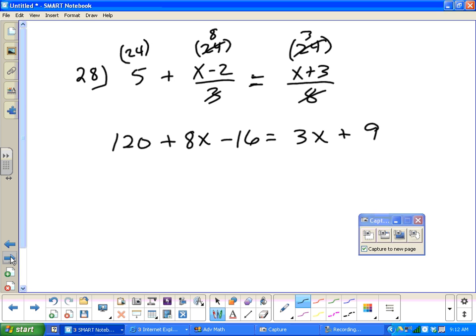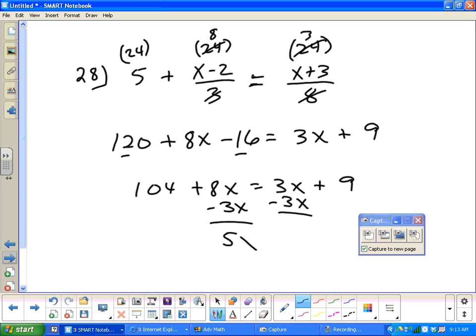All right, now let's clean it up and solve it. I'm going to do 120 minus 16 is 104. All right, and I'm going to subtract 3x from both sides. That's going to give me 5x. I'll subtract 104 from both sides. Negative 95.